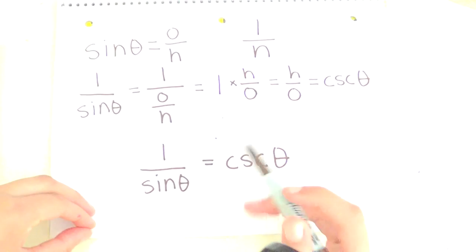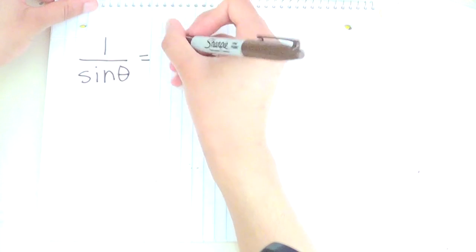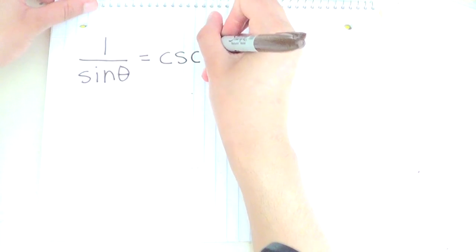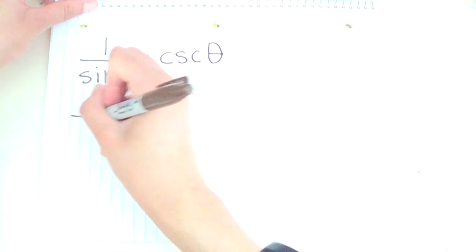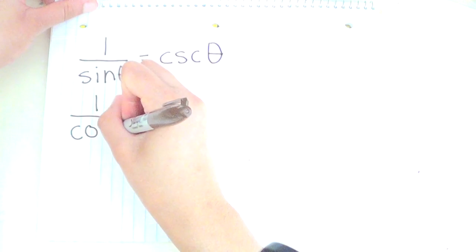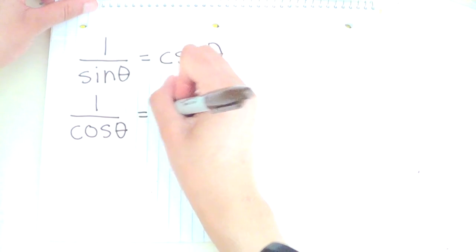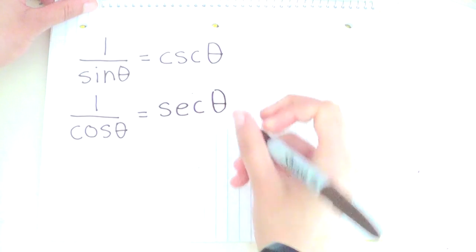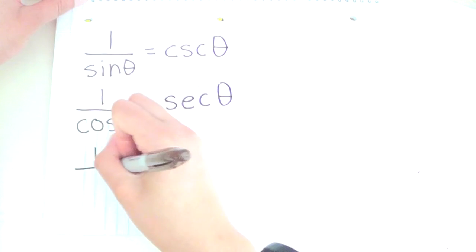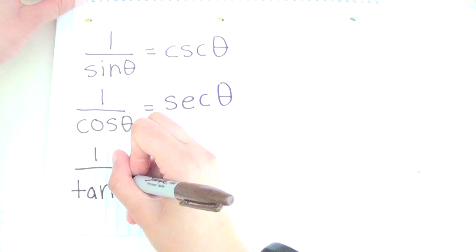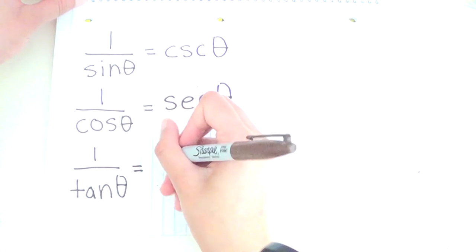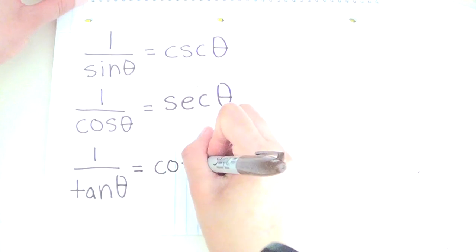And if you did this for cosine and tangent, you'd get the three basic reciprocal identities, which are 1 over sine theta equals cosecant theta, 1 over cosine theta equals secant theta, and 1 over tangent theta equals cotangent theta.